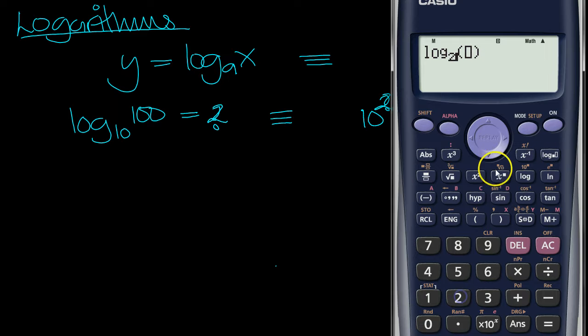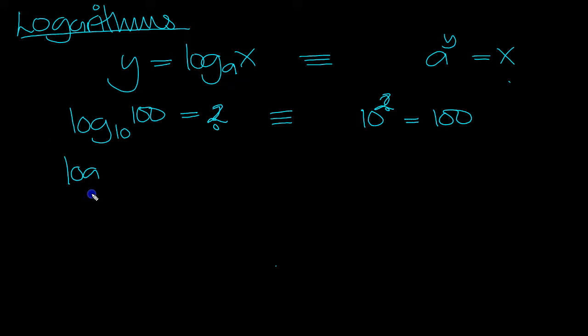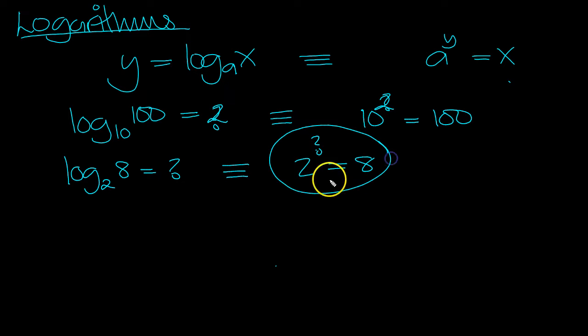So log 2 of 8 then, for example, what would that be? So if we wrote it down here, log 2 of 8, question mark. Let's write it in indicial form. Swing the 2 down, hit the question mark in the air. And 2 to the question mark needs to equal 8. What power of 2 equals 8? Well, we know it's 3.